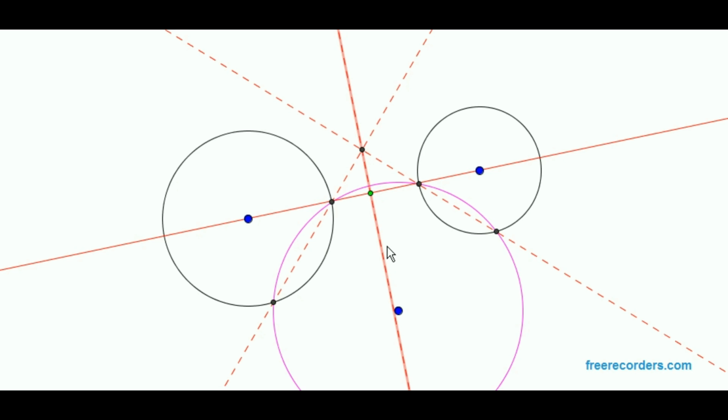So if this is true, then this line essentially has imaginary points in common with both of the circles at the same time.